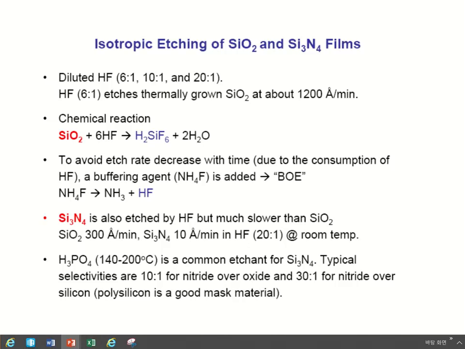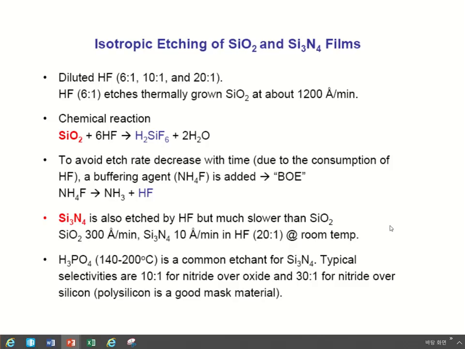For isotropic etching of silicon dioxide, you can use diluted HF, and there is a chemical reaction here. Silicon nitride is also etched by HF, but much slower than silicon dioxide. In that case, H3PO4 is recommended for silicon nitride.